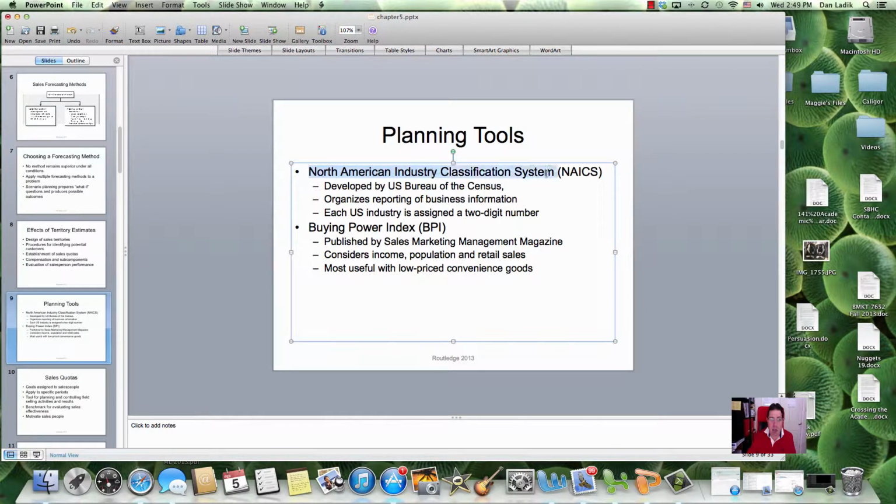And pretty much any library, and depending on how much you pay online for a database, you can get an NAICS classification. You also can come up with some kind of a buying power index. Sales and Marketing Magazine does this. It considers income, population, retail sales. More useful in retail environment, consumer price goods, not high-end B2B.